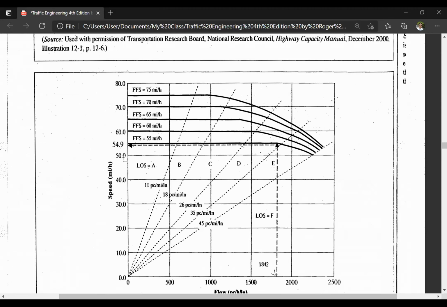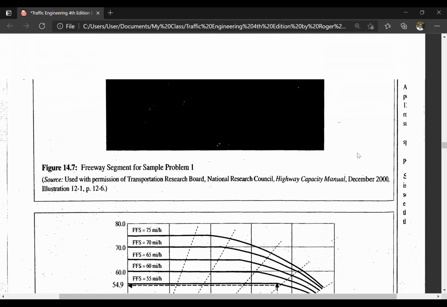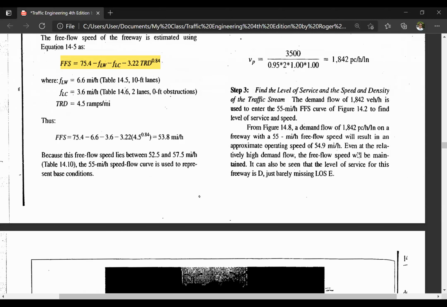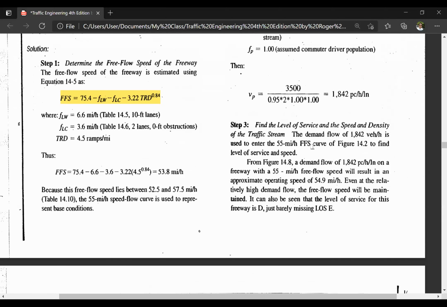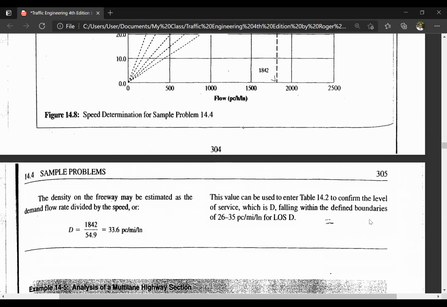About here, right? Free flow speed is 55. So right here, that means hitting here. Level of service D, right? It can be seen that the level of service for this freeway is D, or just barely missing level of service E. Yeah, that's it.